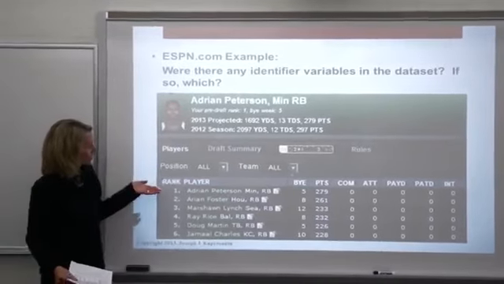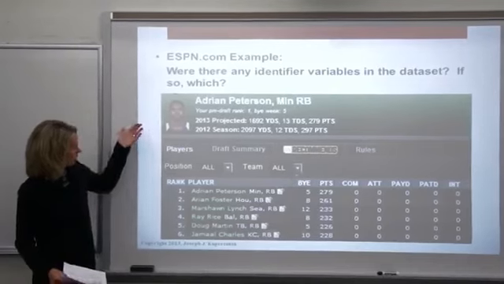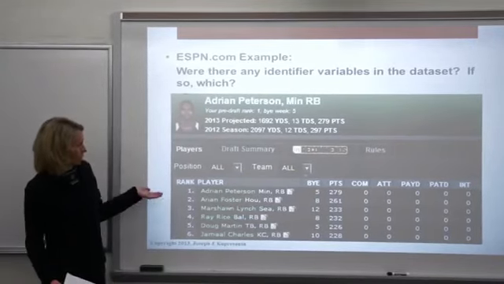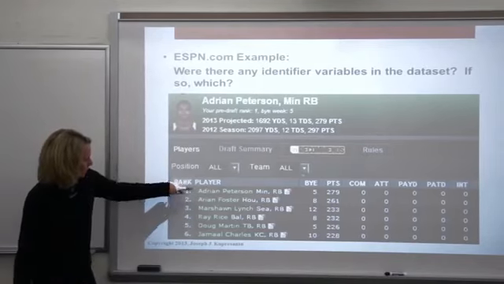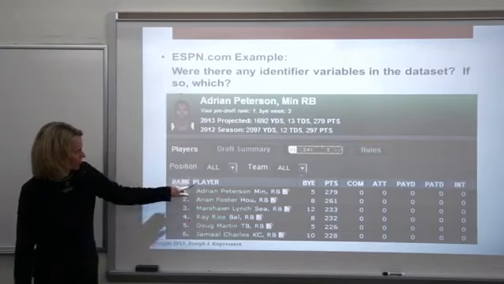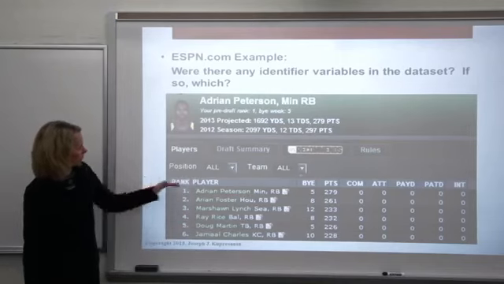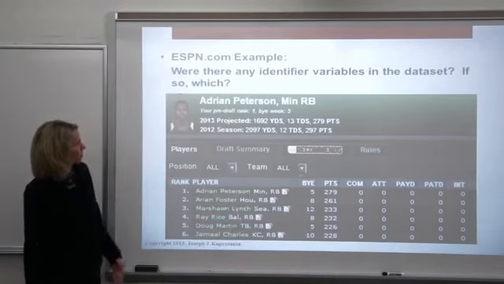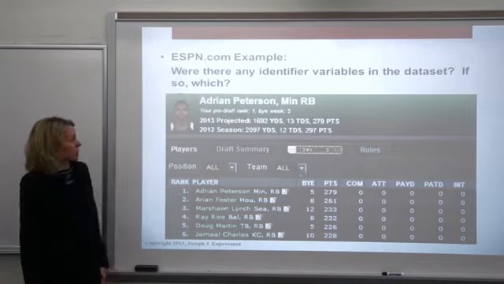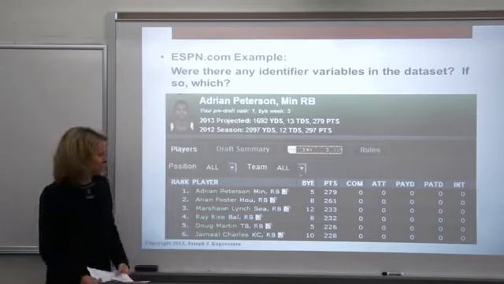Okay, in the sports example that we had before from the fantasy draft, the identifier variable in this one would be each player. The player name here identifies what that row of information is about. So the person's name would be the identifier variable in this one.